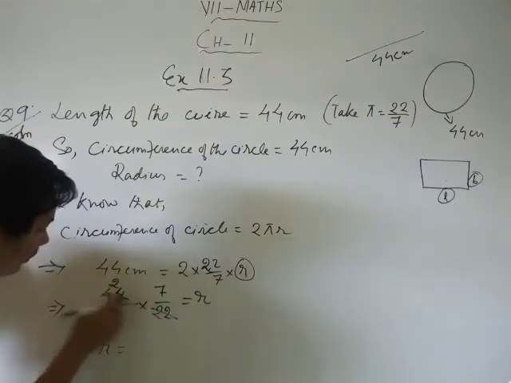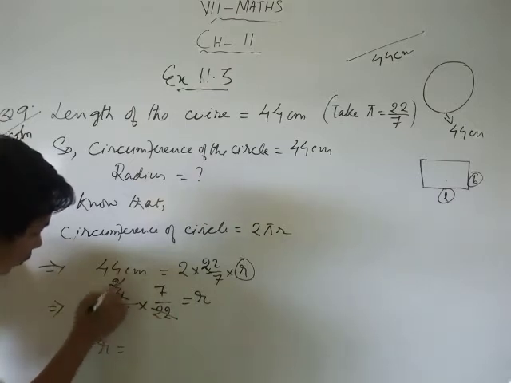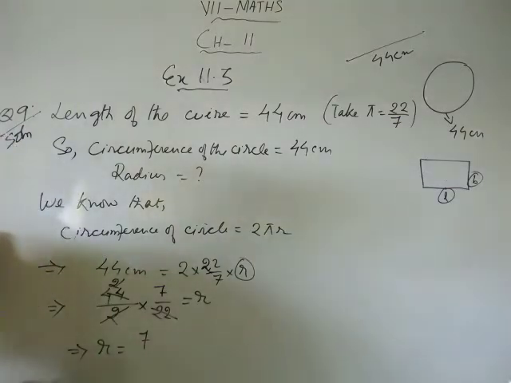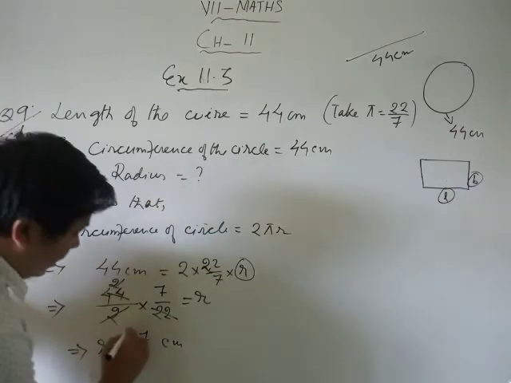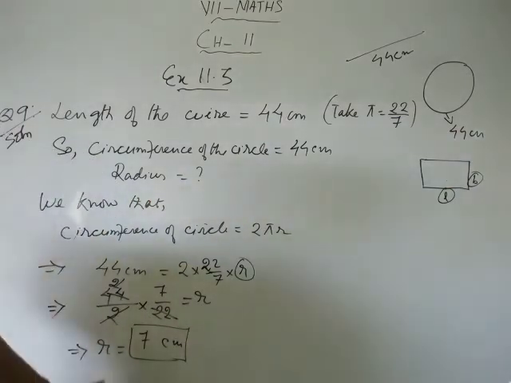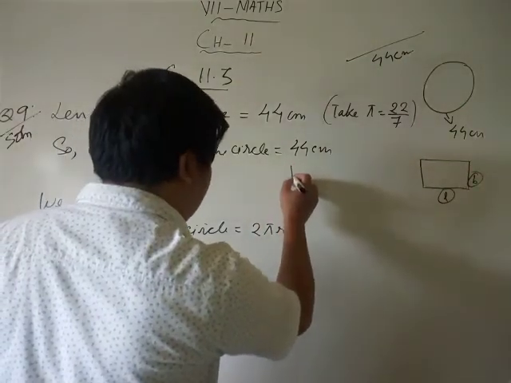Not 22, 2, isn't it? 22 2s are 44. Then this 2 and this 2 will cancel. We get here only 7. So r is equal to 7 centimeter. Now we get the radius as 7 centimeter.